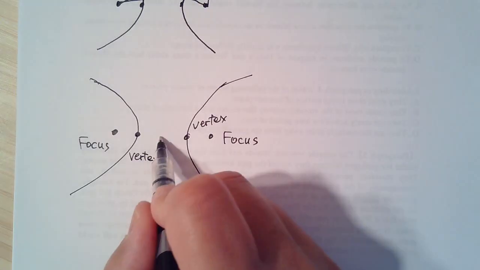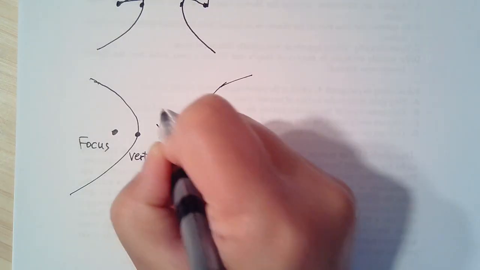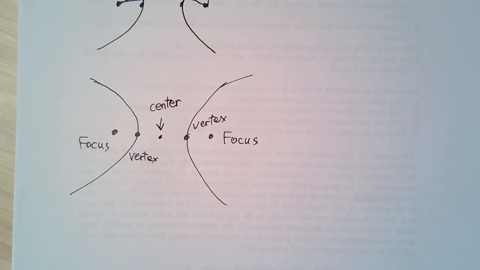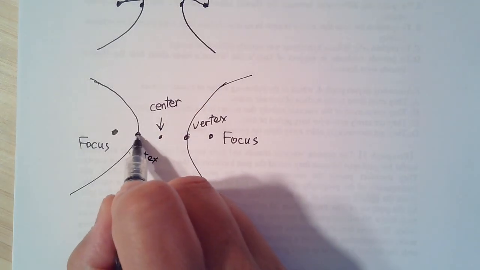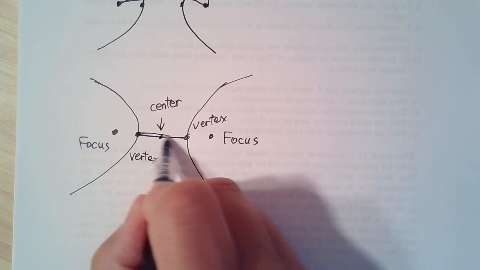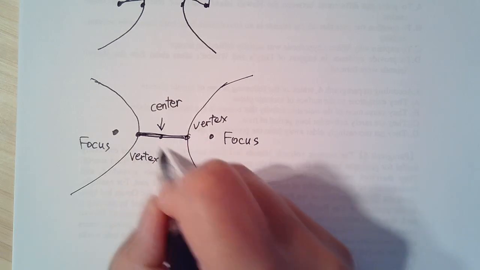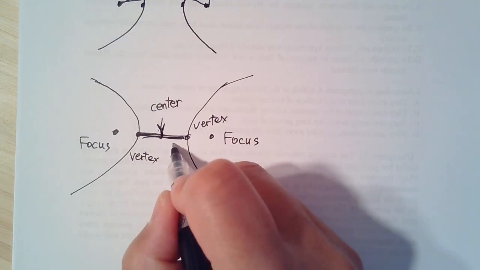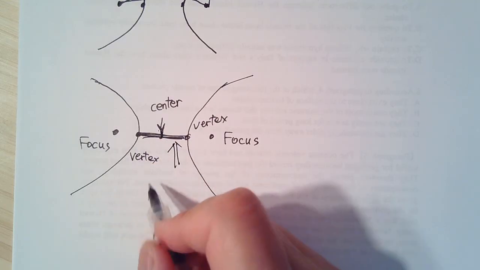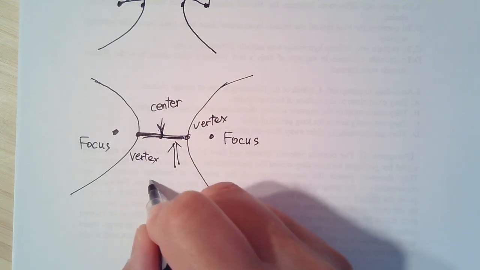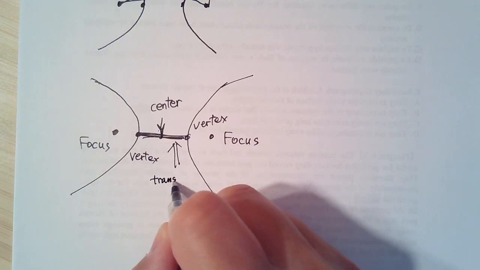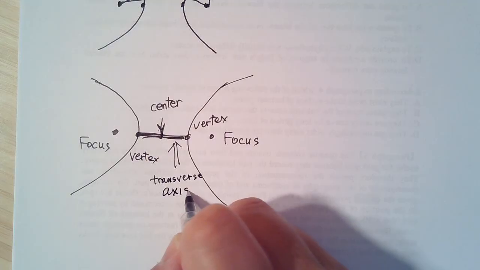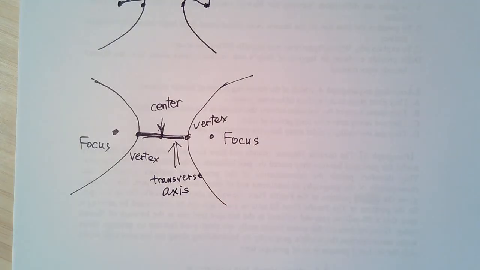And of course, this is the center. From vertex to vertex, there's a special name for this part. The center is here, and the segment I connected is called the transverse axis. So that's from a vertex to a vertex.